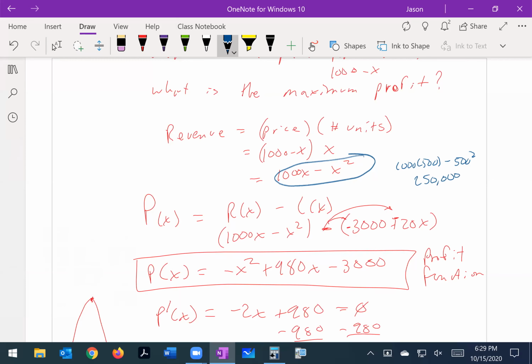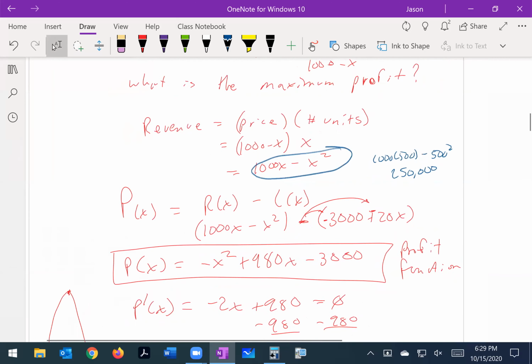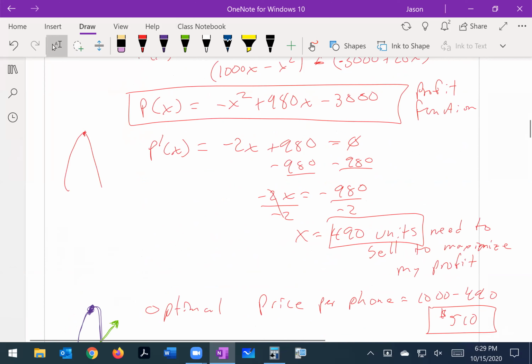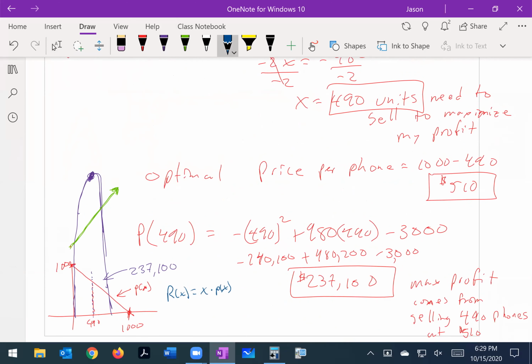That's 2,250,000. So that would give me the max revenue, because again it's just an upside down parabola. If we were at 500, we would be slightly higher because this was 237, and we would be slightly higher for our revenue function.